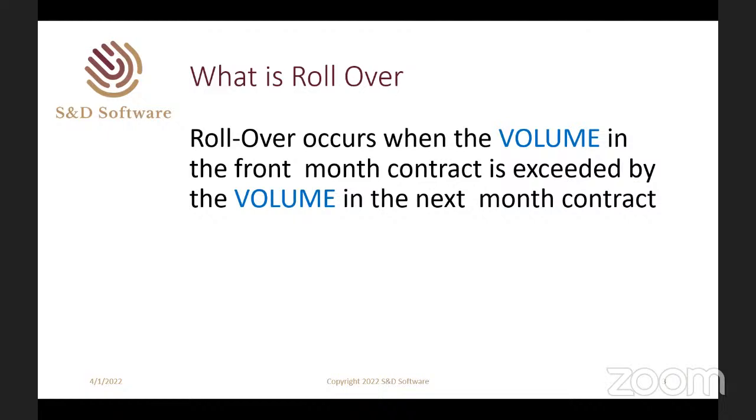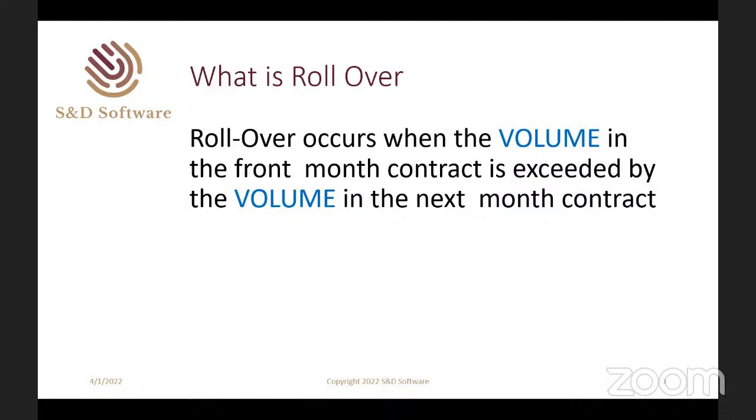Say you have 10,000 contracts traded in a particular asset, contract A, 10,000 contracts today, and the same asset, contract B, you have 9,000 contracts, and that's the next month contract. Then contract A still exceeds the volume of contract B.